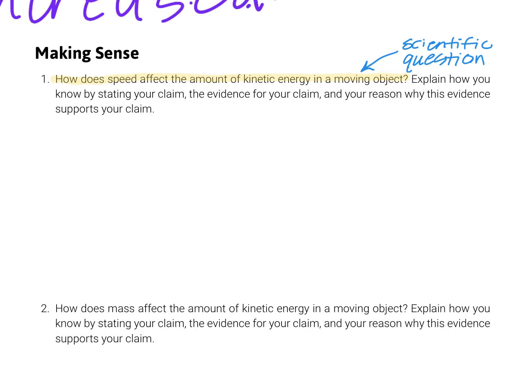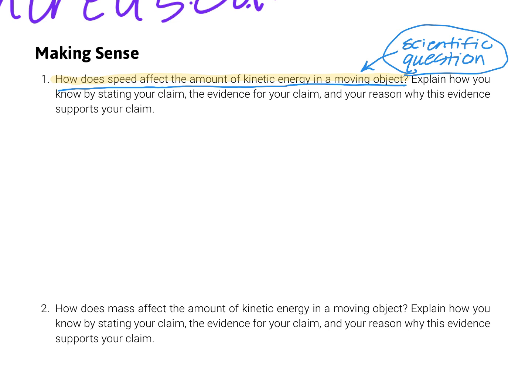For the making sense questions, I asked you to write them in the claim, evidence, reasoning format. To do so, all you had to do was copy the purple sentences and fill in the blanks. Remember that the claim is the answer to a scientific question, and the question we're trying to answer is, does the speed affect the amount of kinetic energy in a moving object?